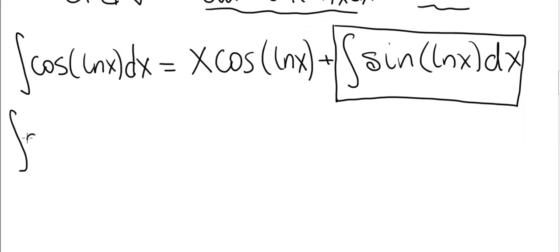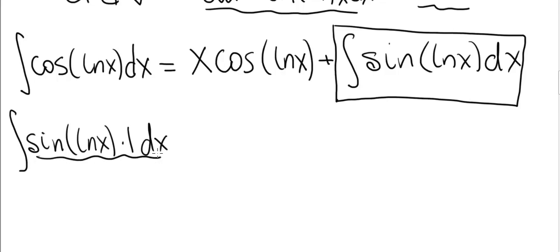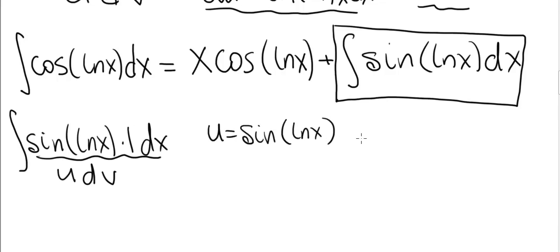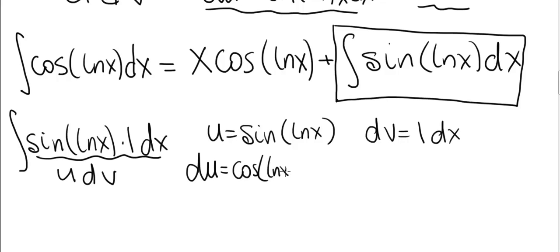So I'll write it as the integral of sine ln of x times 1 dx. This time again there will be the integral of u dv. Same principle as before, u must be the sine of ln of x and dv must be 1. So du is cosine ln of x times 1 over x dx, and v again is x.